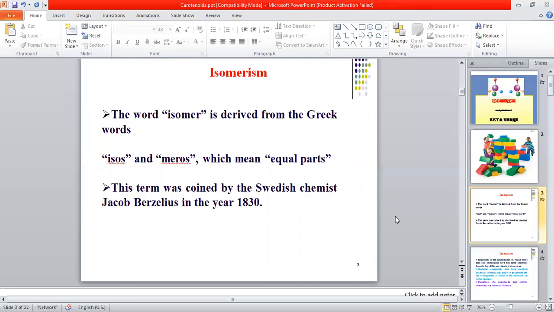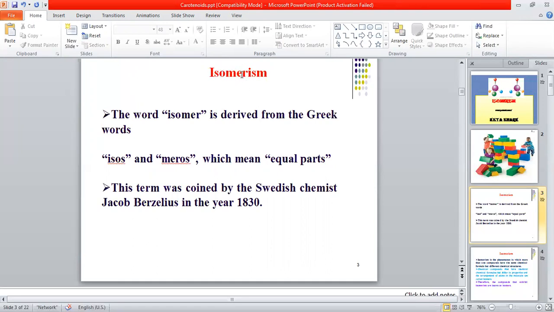In this definition, firstly we have to focus on what we mean by the term isomerism. Iso means similar, mers means part. The Greek word iso comes from isos, and mers originates from meros. So the word isomerism originates from isos meros, meaning equal part, or as I say, iso means similar and mers means part.